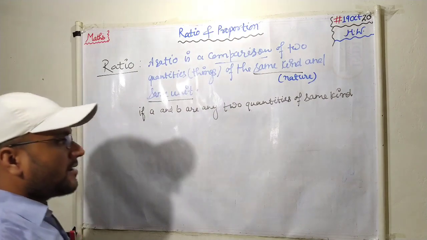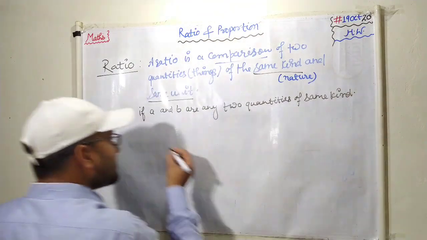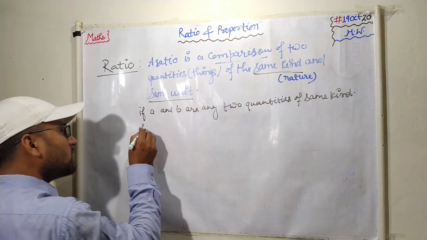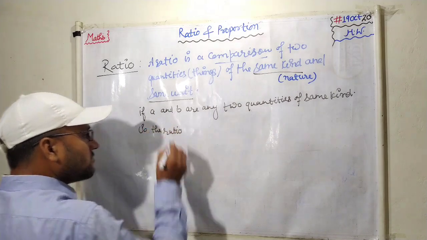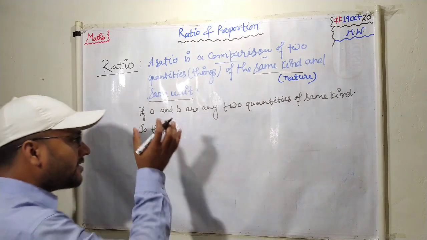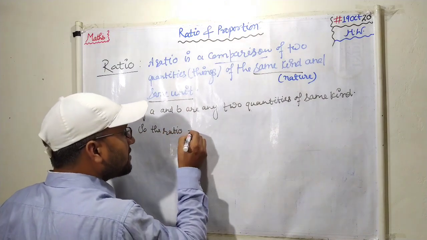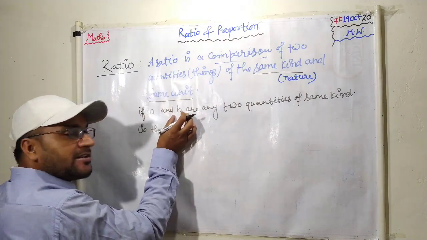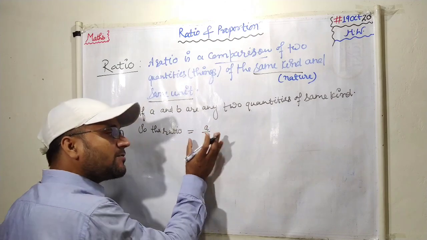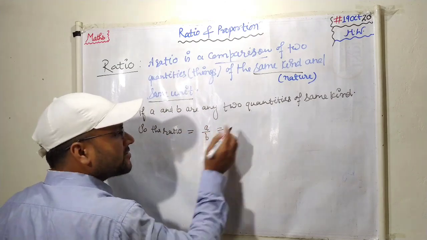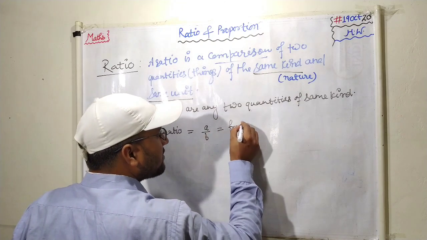So how will you get the ratio? The ratio of these two: the first quantity is divided by the second quantity, A upon B, and that is known as a fractional form. It is also a ratio, known as a fractional form.